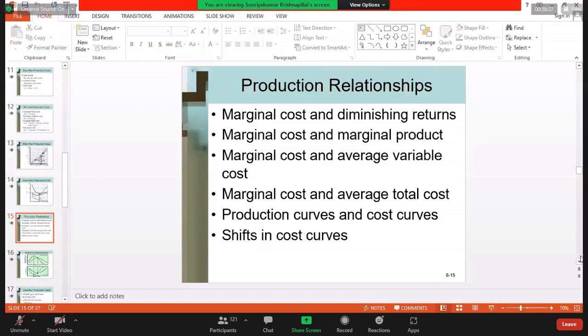So a fixed input will not change price, it's fixed already.